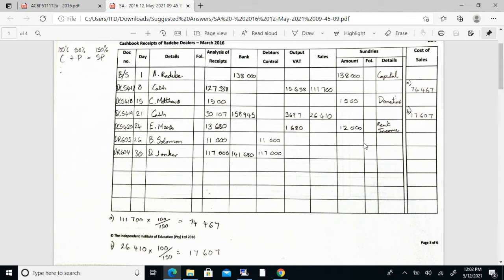At the bottom of all the transactions, they said cash was banked on the 21st. So here we have cash, so it went in the wrong place. All right. Everybody happy? Can I proceed?